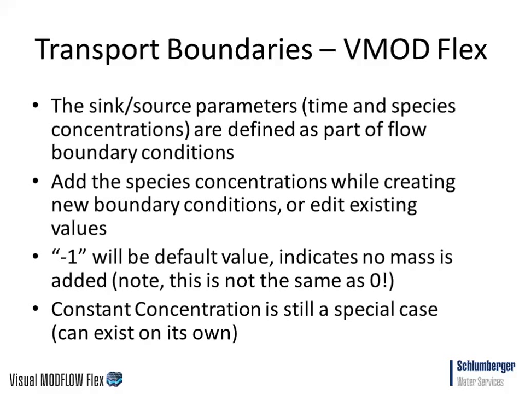This indicates that no mass is being added to that flux. Just to remark, that's not the same as a species concentration of 0, so be sure not to confuse those two. Again, we still have a specific option to define constant concentration because it's a special case since it can exist on its own.